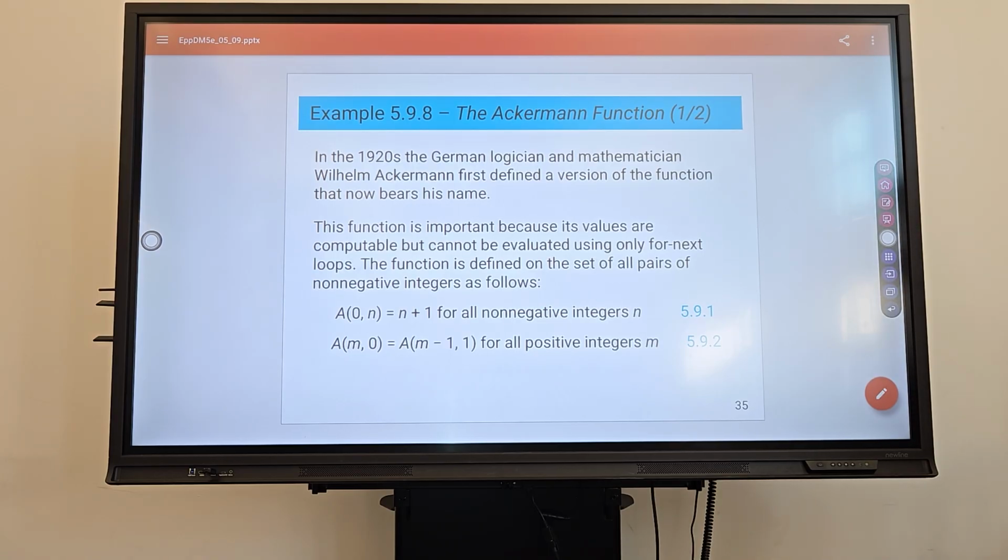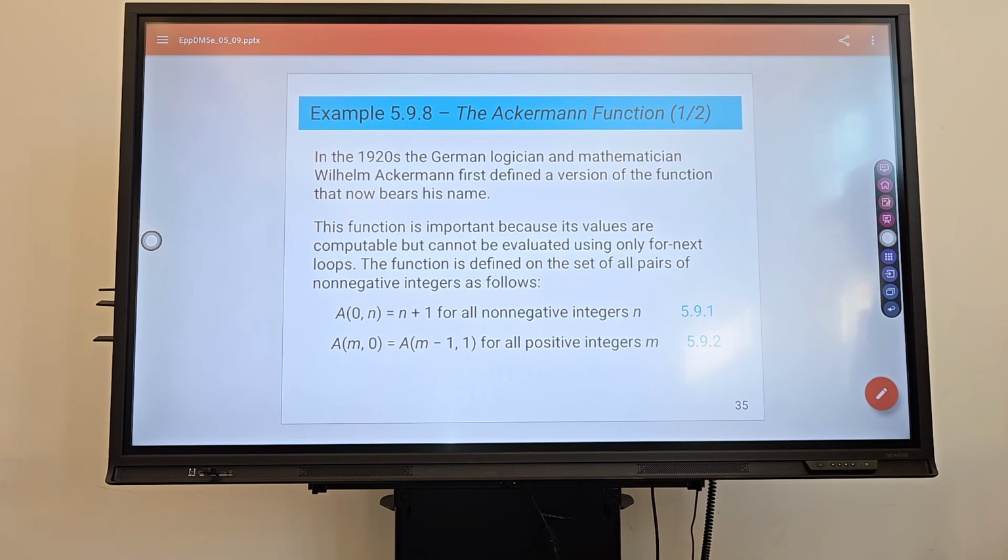In the 1920s, German logician and mathematician Wilhelm Ackermann first defined a version of the function that now bears his name. This function is important because it uses values that are computable, but cannot be evaluated using only for-next loops. The function is defined on the set of all pairs of non-negative integers as follows. A of 0 and n equals n plus 1 for all non-negative integers n.